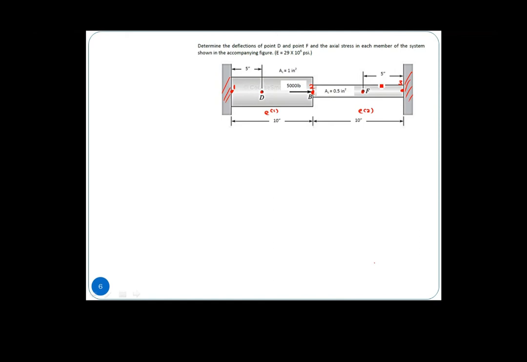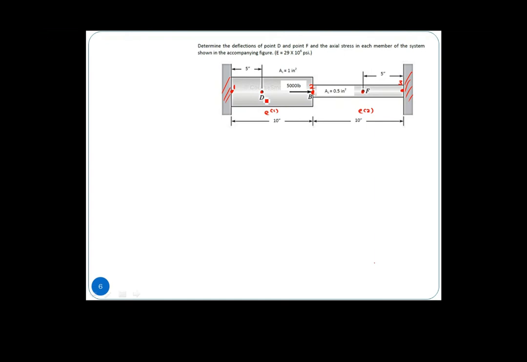Else we can use fewer elements or fewer nodes, then later use shape functions, linear or even quadratic, to determine the deformation at the requested points D and F.